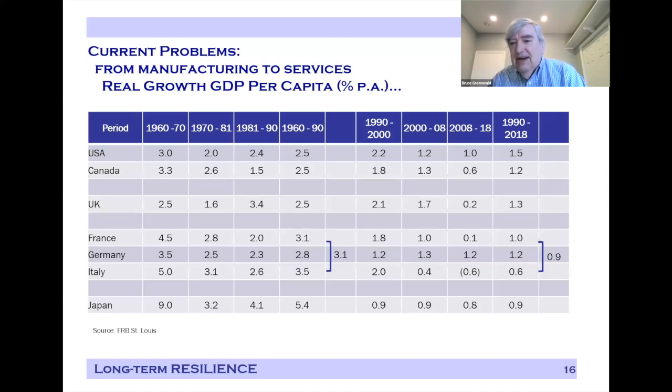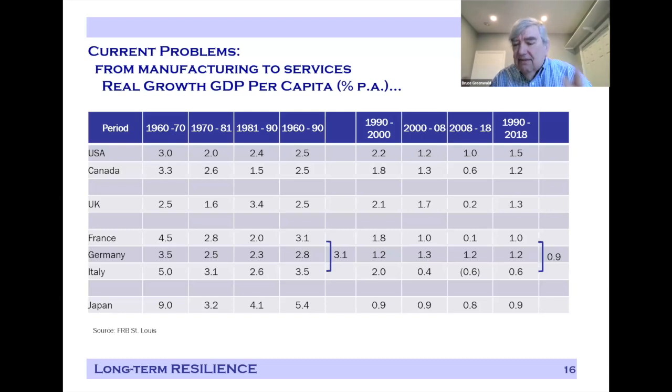If you look at continental Europe, it's again 1% in France, 1.2% in Germany, down from 3.1% and 2.8% respectively. And in Italy, it's 3.5% to 0.6%. Again, you've got an average of 0.9%, which is a huge reduction.